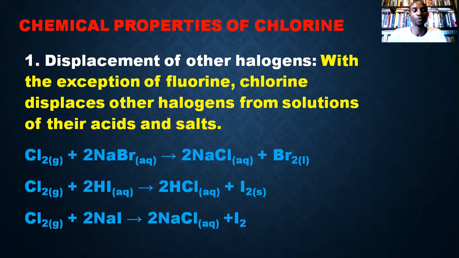You can see chlorine reacting with sodium bromide, and with hydrogen halides, displacing them from their salts and from the hydride of iodine. Hydrogen halide is an acid. So it displaces them because it is more reactive. This is displacement of other halogens except fluorine.